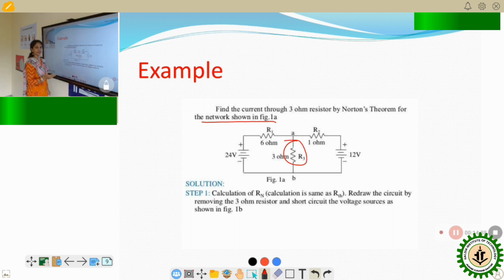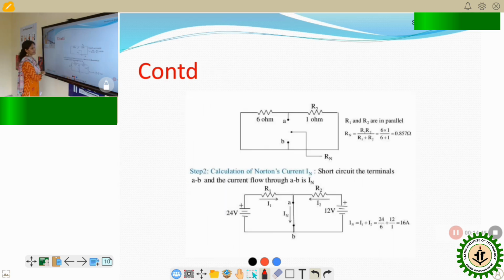So what is the first step? First step: remove R3 from the network and short circuit it. After short circuiting, calculate IN. How to calculate IN? As this network has two voltage sources, 24 volt and 12 volt, the current flows due to the 24 volt and due to the 12 volt.